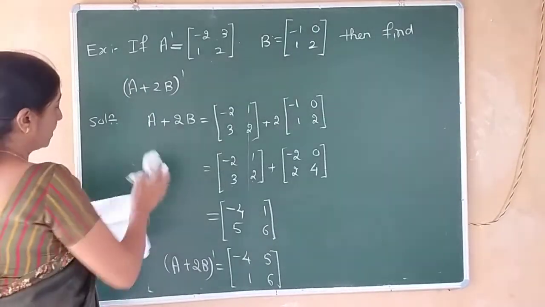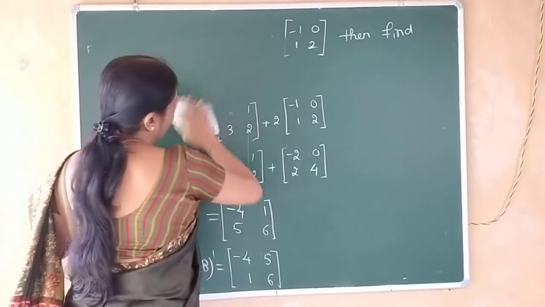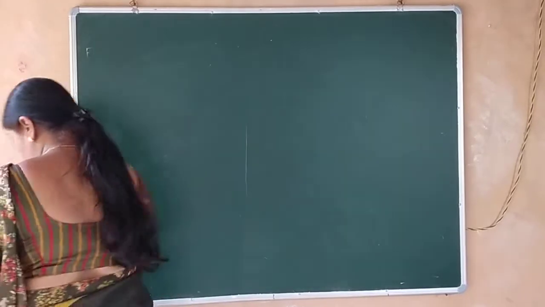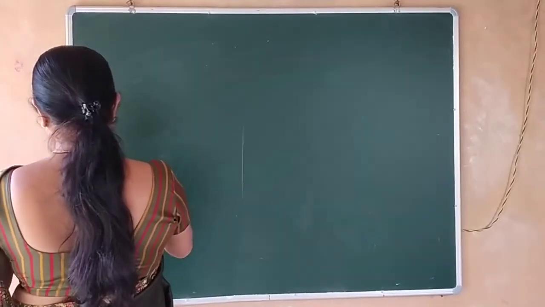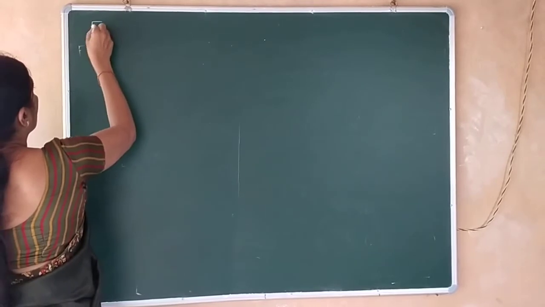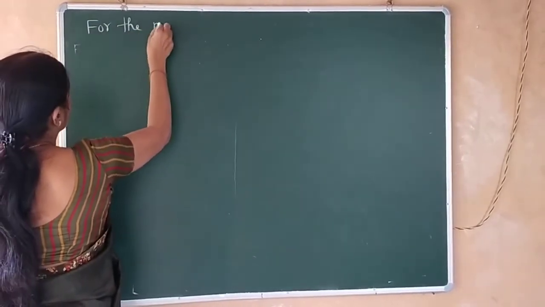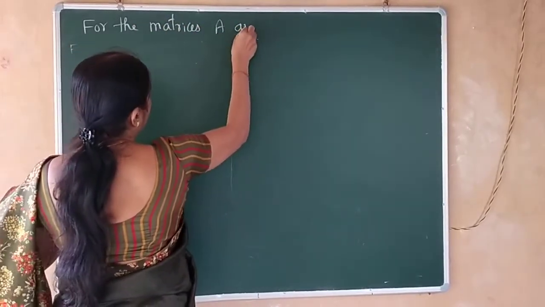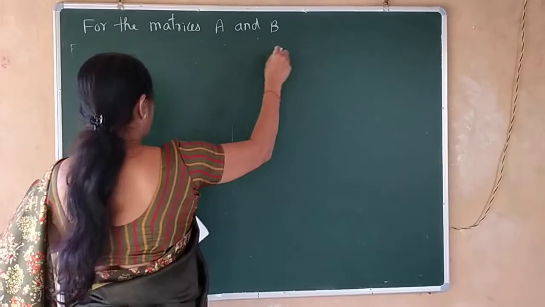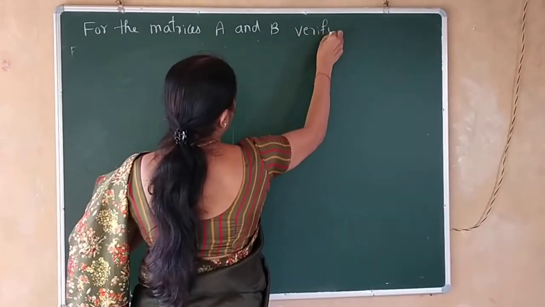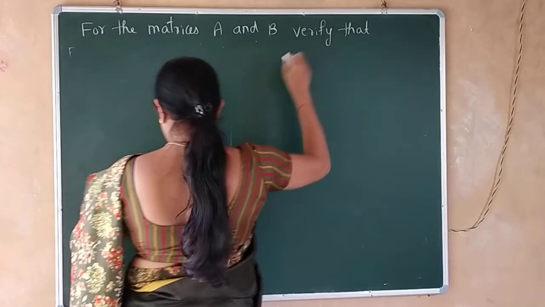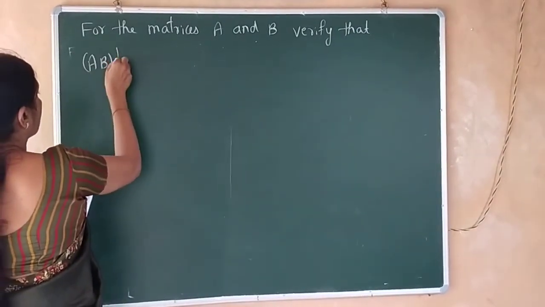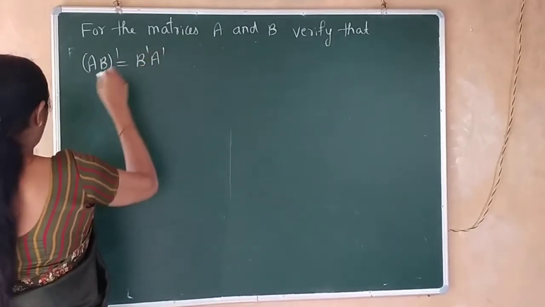Next, moving to the next example. As I explained, I already explained one example of that category, that is for 5 marks in part D. For the matrices A and B, verify that AB whole transpose is equal to B transpose into A transpose.